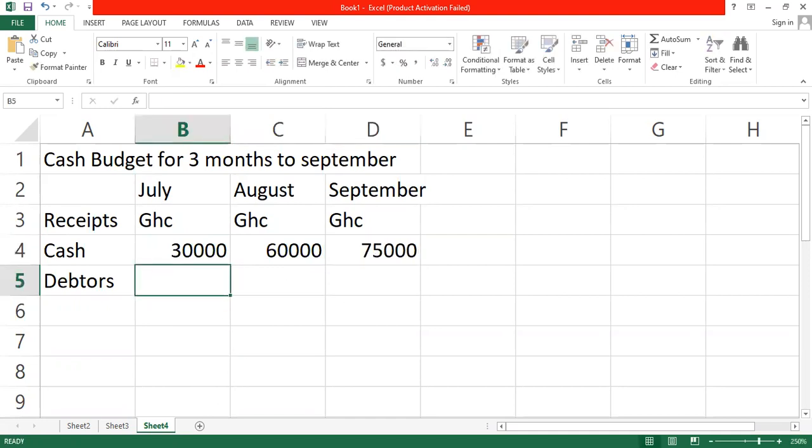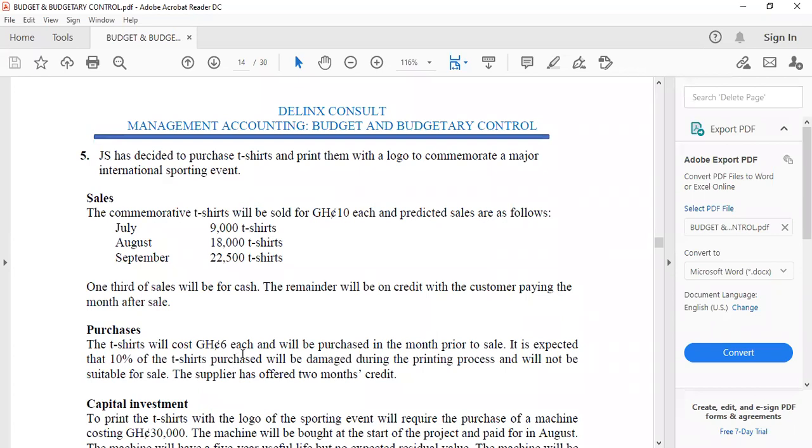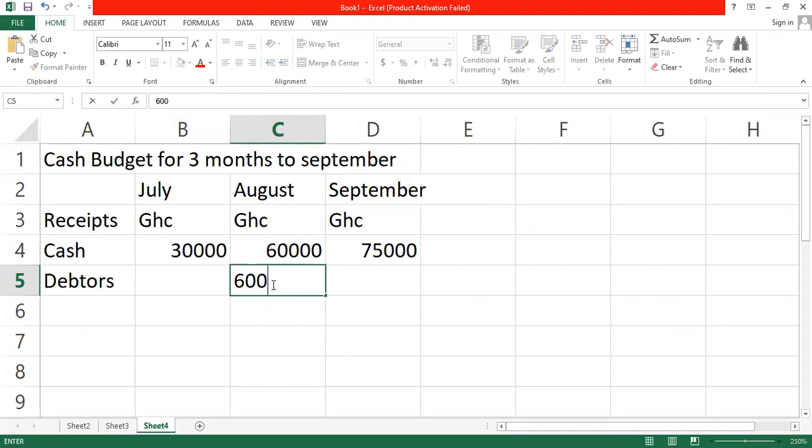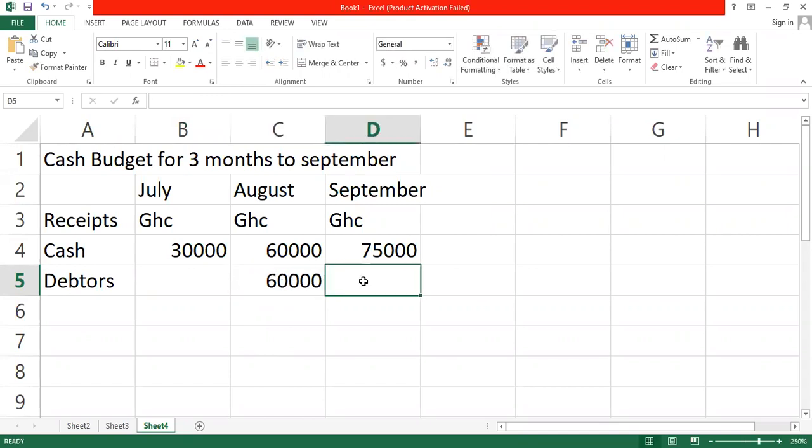Let's count how the credit sales will be collected. The credit sales will be paid by the customer the month after sale. So July will be collected in which month? August. Okay, so we take 60,000 in this month, and 120,000 will be collected in this month.